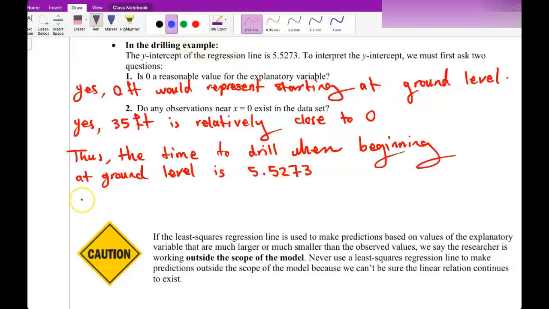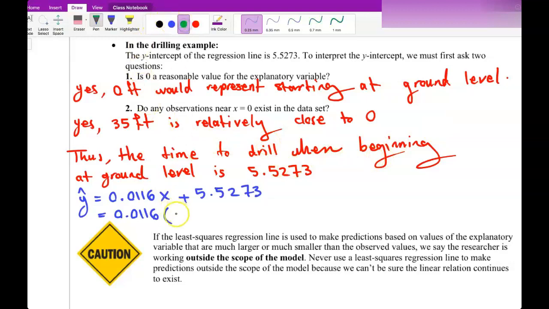How we got that is y hat was equal to 0.0116 multiplied by x, so this is the slope, plus here is the y-intercept. That is equal to, so the starting point here is ground level.